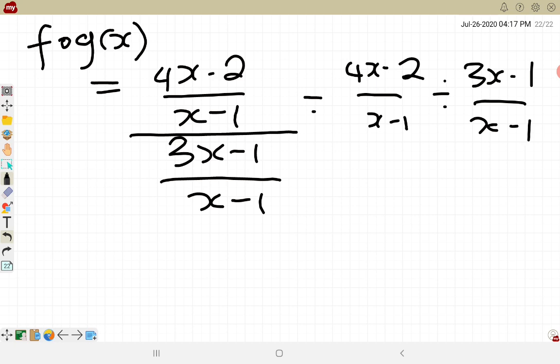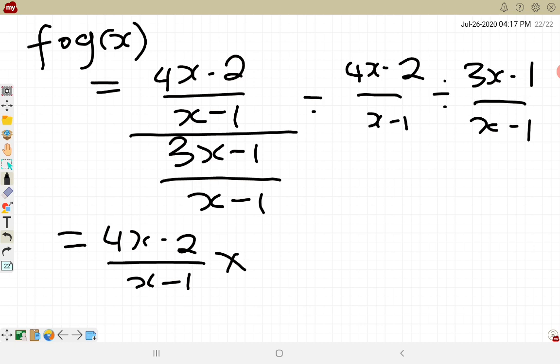Remember, when you are dividing two fractions, you turn the second fraction upside down and change the division symbol into a multiplication symbol. So we have x minus 1 over 3x minus 1.